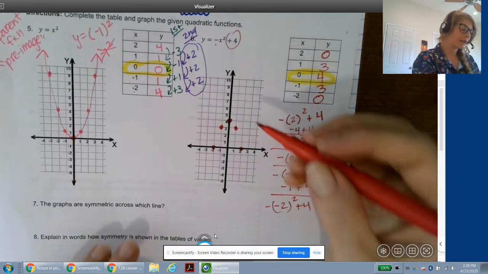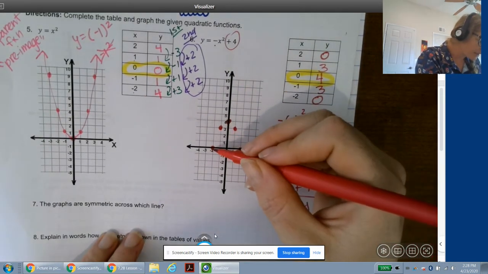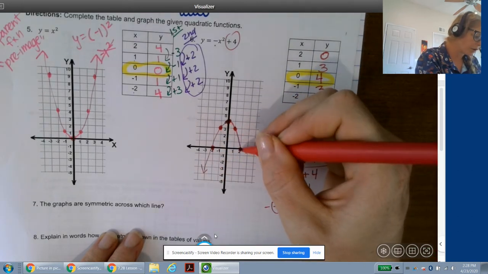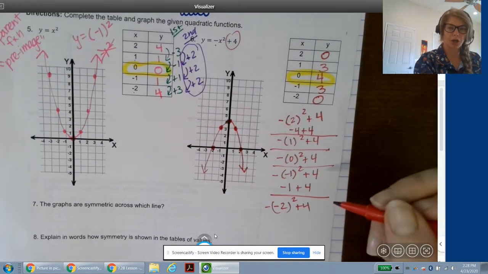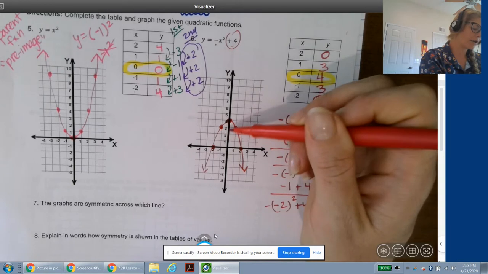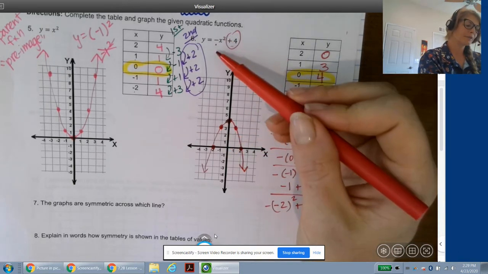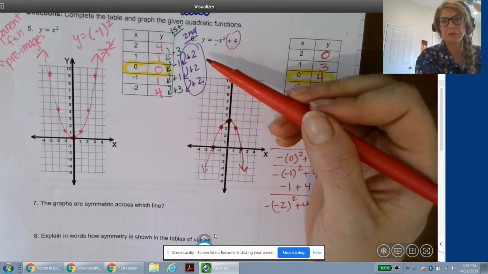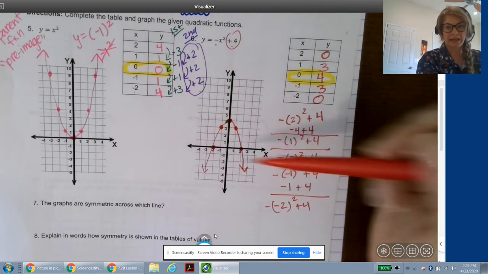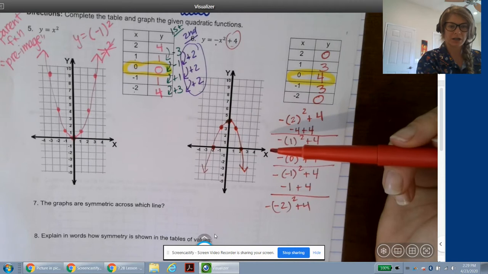So taking a look here, we have a sad parabola. It's sad because it was negative. And this plus 4 translated our parabola up 4. So instead of saying a sad parabola, we should probably use the mathematical term. Our parabola was flipped across the x-axis or turned upside down.